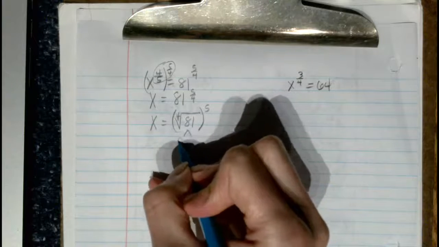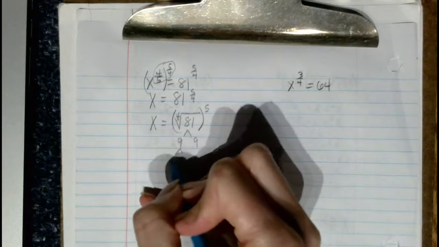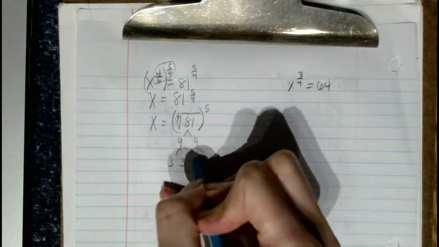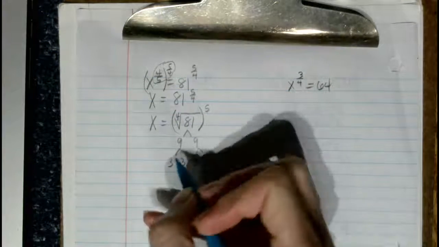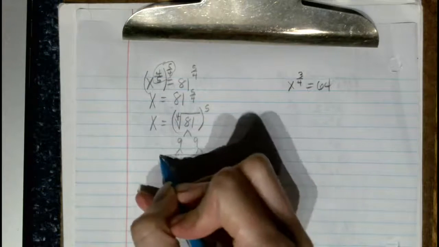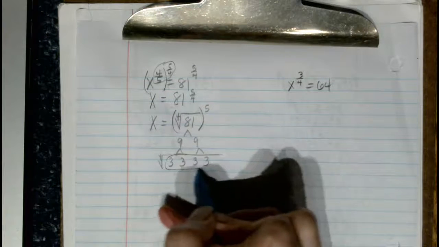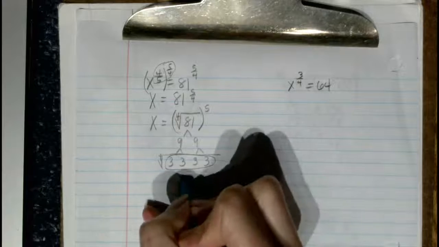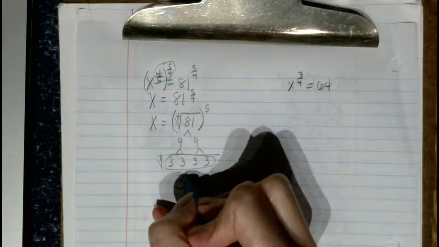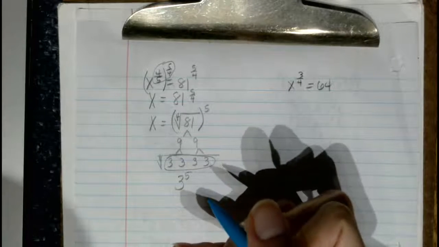If we break down 81, it's 9 times 9, which is 3 times 3, 3 times 3. And what we're looking for is 4 of the same value. Well, sure enough, we've got 4 3s, and that's 3 to the 5th.